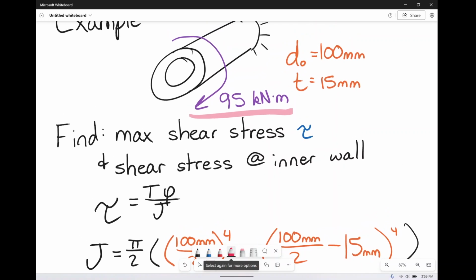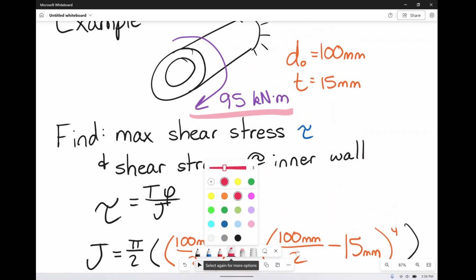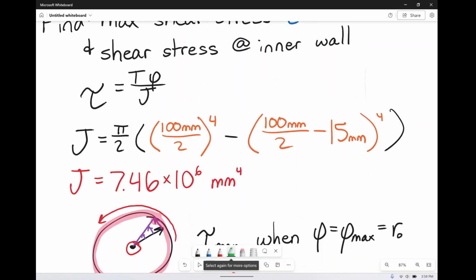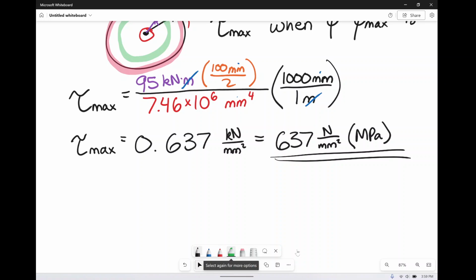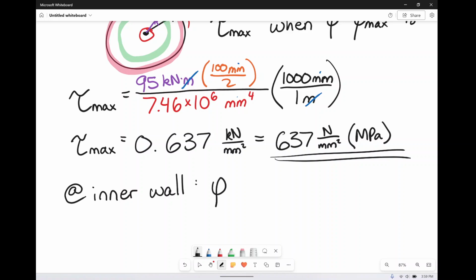The next thing we want to find is the shear stress at the inner wall. So this time, I want to find the shear stress along the inside. It's effectively the exact same thing, except now we're imagining that inner ring. So the only thing that's changing is rho. So at the inner wall, the rho that we're going to use for our equation is the inside radius.